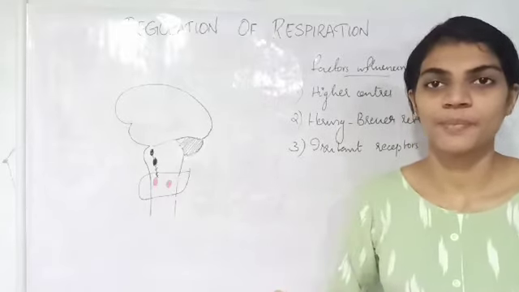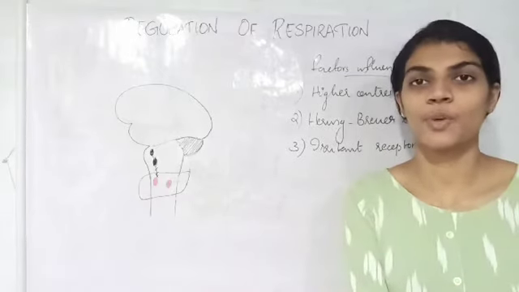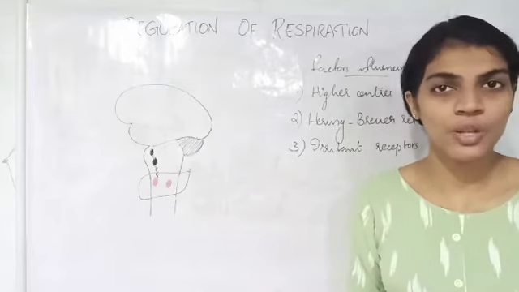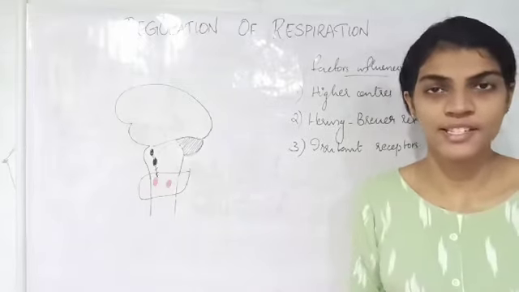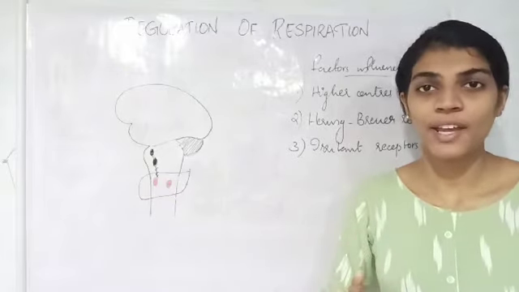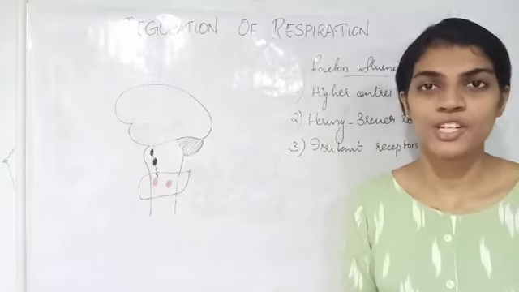So what is happening? More metabolism. The metabolism of the cells has to be enhanced. So hyperventilation provides more oxygen into the blood, into the cells. So more metabolic reaction. We know that the byproduct generated during metabolic reactions is heat.